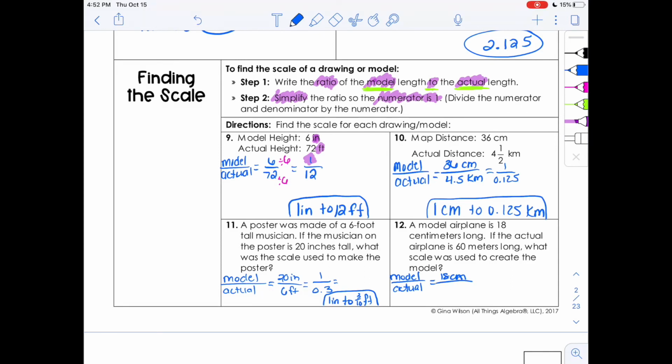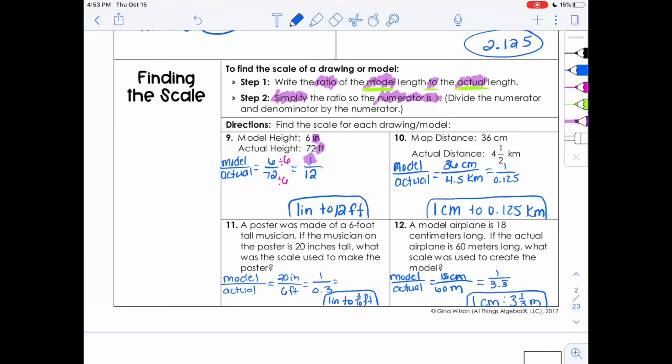And then actual airplane is 60 meters. And then we can simplify that all the way down to 1 over 3.3 repeated, which as a scale would be 1 centimeter to 3 1/3 meters.